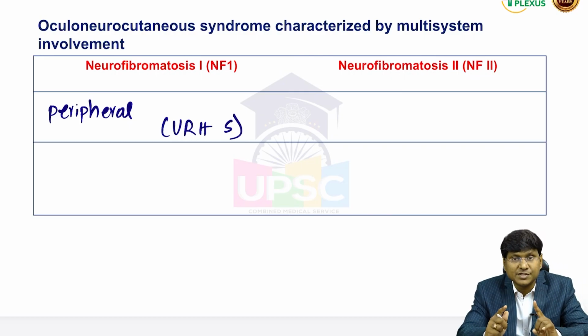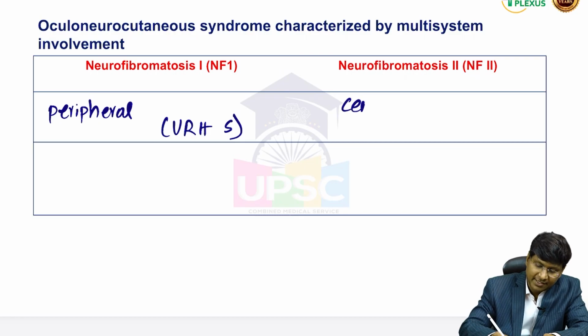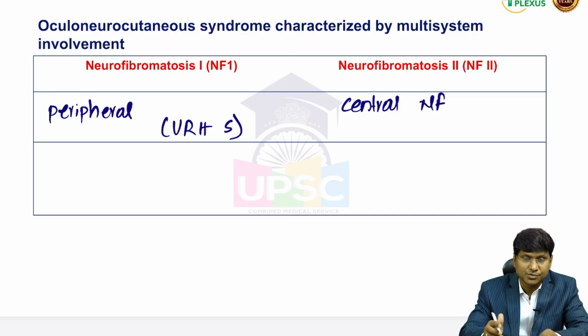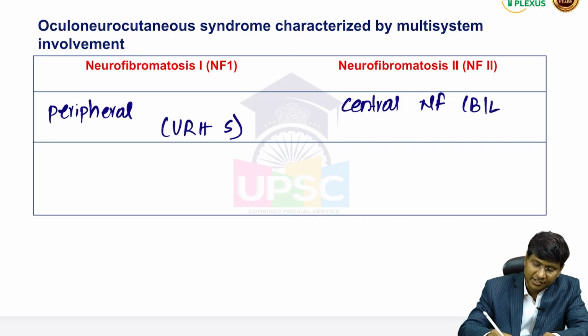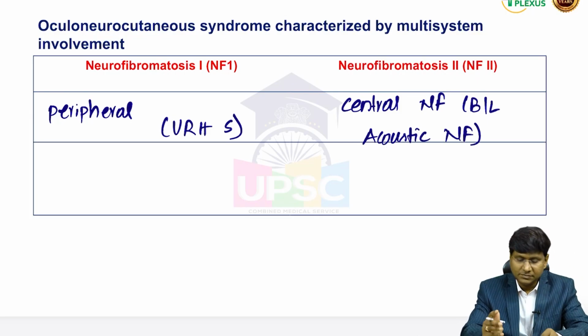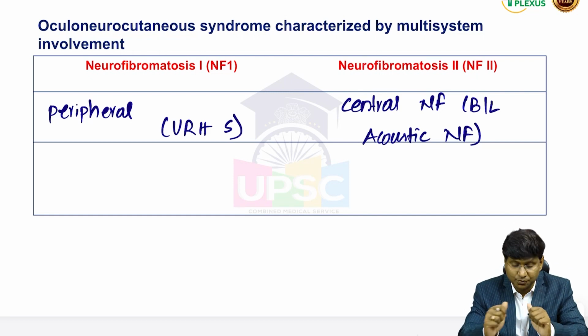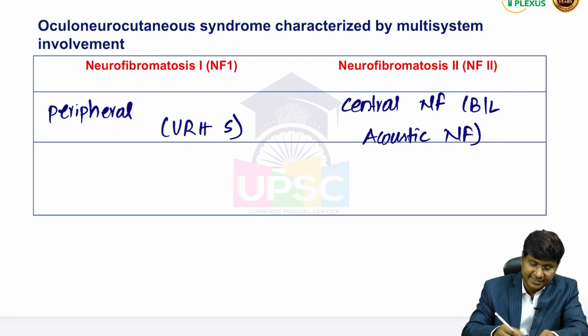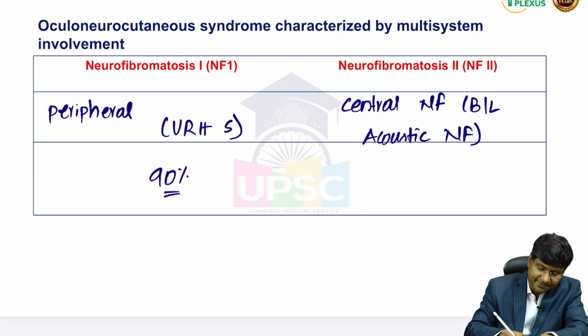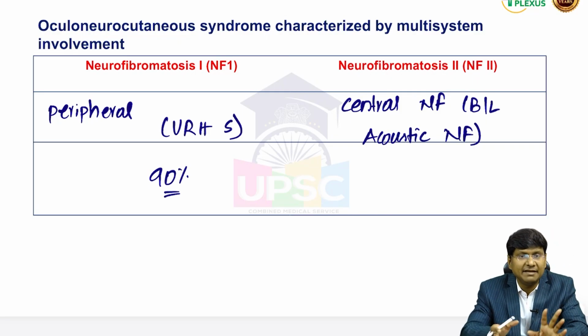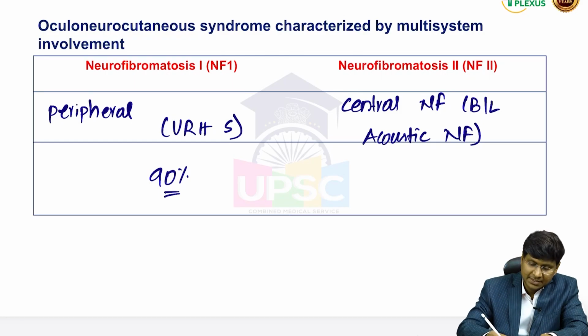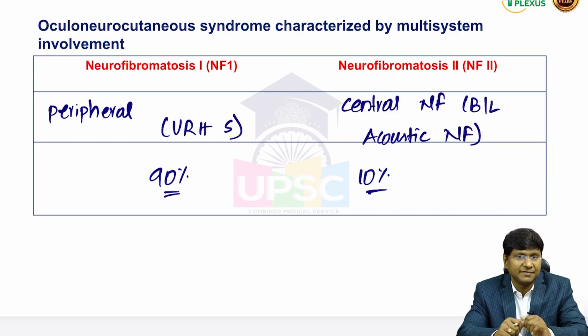Whereas neurofibromatosis type 2 is central neurofibromatosis, and here you have a very important manifestation, that is bilateral acoustic neurofibromas. Between these two, neurofibromatosis type 1 is more prevalent, about 90%, and type 2 is 10%, which is less prevalent.